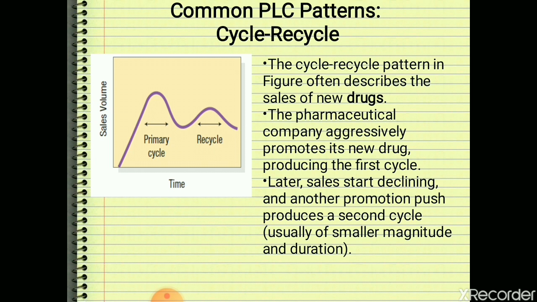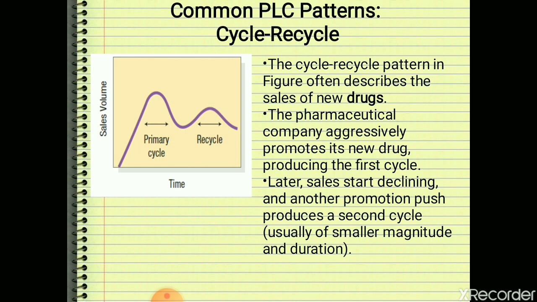So the cycle-recycle pattern is mainly observed in drugs or pharmaceutical products. Pharmaceutical companies aggressively promote a new drug or product, so they will have a first life cycle where sales growth is very high, then there is a decline in sales, so the company does another promotion push.